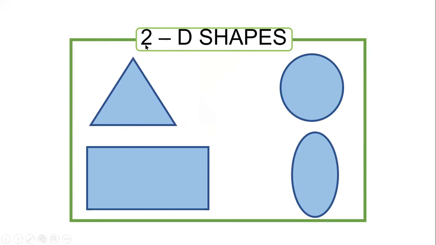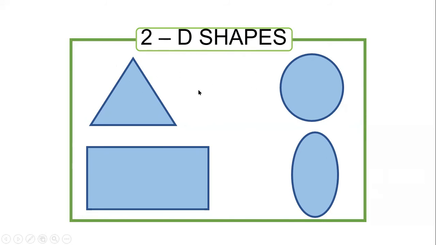And now, students, all these shapes that we have been looking at, we have one name for them. These are called 2D shapes. D means dimensional. So two-dimensional shapes. So a triangle, a quadrilateral, a circle, and an ellipse are 2D shapes.